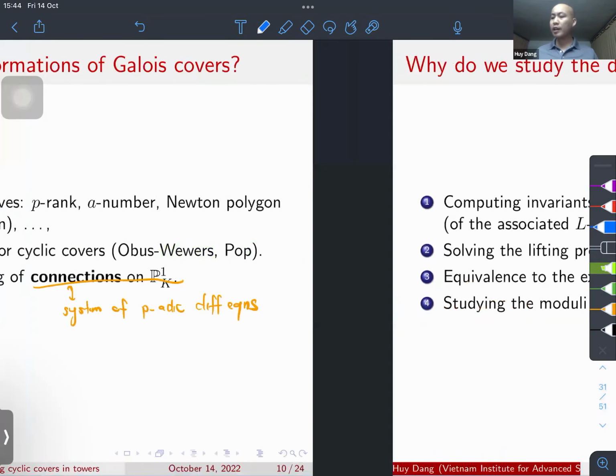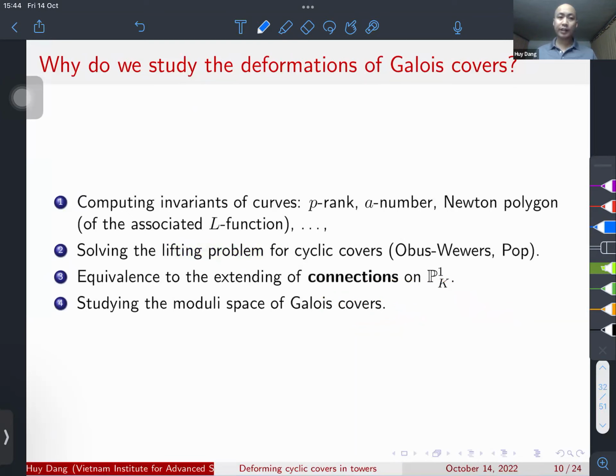And finally, another classical one is that when you understand the deformation of something, you also understand the moduli space that the original object is part of. Right.